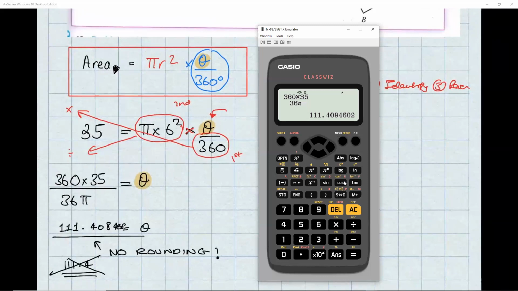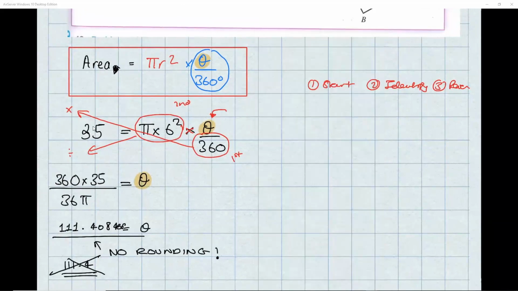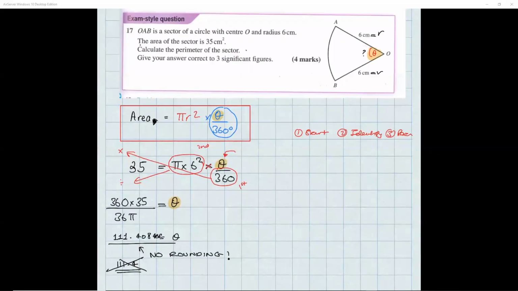I'm going to move the calculator out of the way, and I'm going to let you finish up the calculation. So you worked out the angle for me, which we're not allowed to round, because we're going to avoid errors. Now calculate the perimeter. So we've done part 1. Here comes part 2. In part 1, we worked out the angle, and the angle is here.